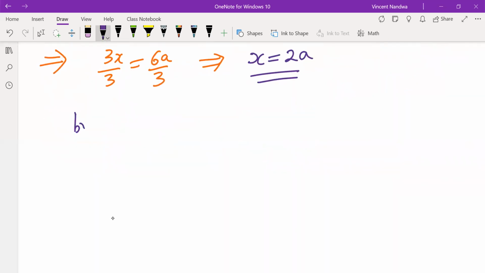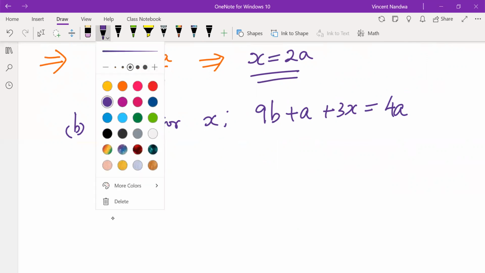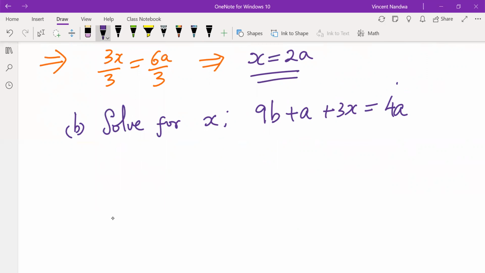And then for question B, solve for x in 9b plus a plus 3x equals 4a. This means that we have terms with x on one side and any other term taken to the opposite side.